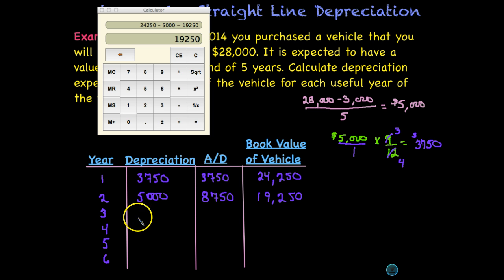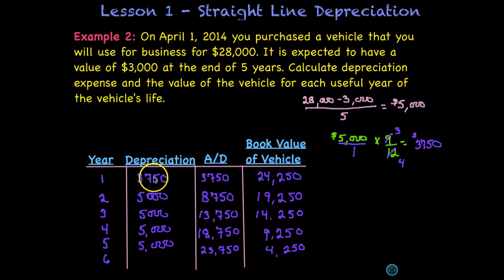Same for years 3, 4, and 5. Here's my table all filled out. First year, I only depreciated 75% of the total depreciation, and then each year after that, I depreciated 100%, 100%, all the way to 5 years.